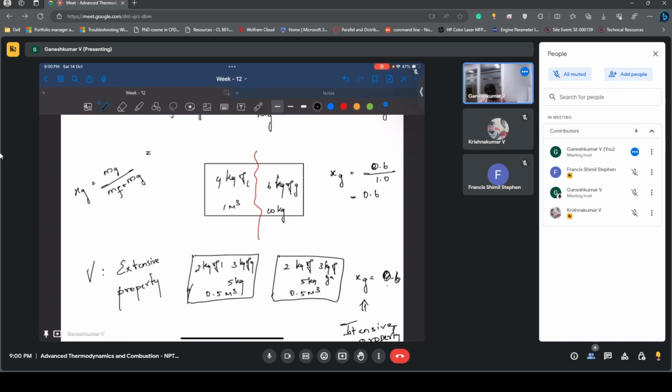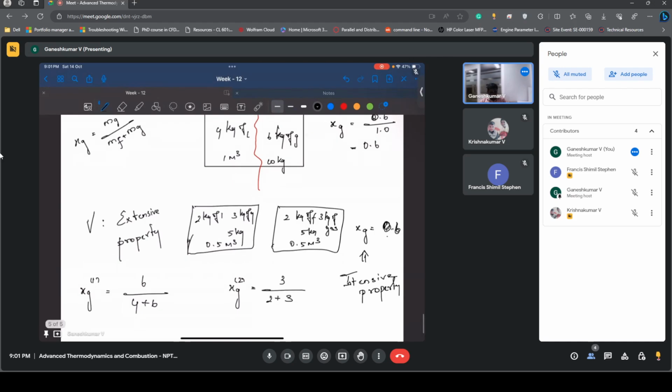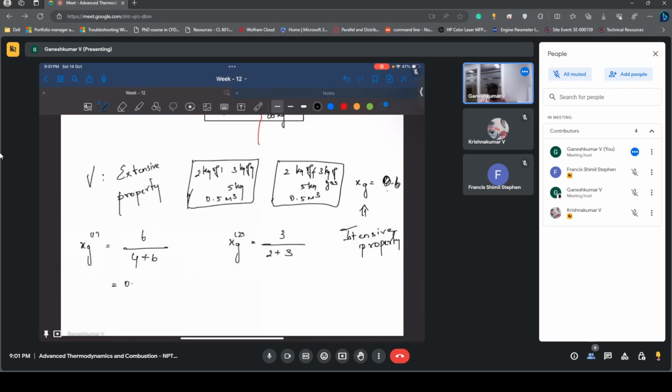So the masses are different, right? But if you calculate xg for the first, you have 6 by 4 plus 6, and for the second, 3 by 2 plus 3. 6 by 10 is 0.6, and 3 by 5 is also 0.6. So I get the same xg; it doesn't depend on the extent of the system.